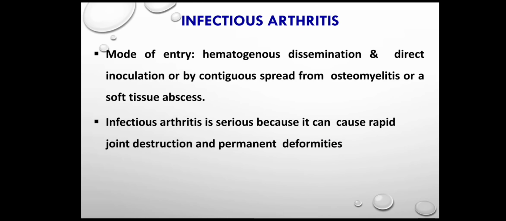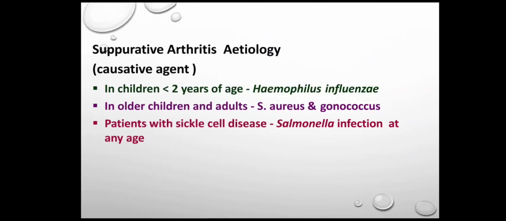Infectious arthritis, the mode of entry of the infectious agent is hematogenous dissemination and direct inoculation or by contiguous spread from osteomyelitis or a soft tissue abscess. Infectious arthritis is serious because it can cause rapid joint destruction and permanent deformities. Suppurative arthritis, in children less than 2 years of age, Haemophilus influenzae.